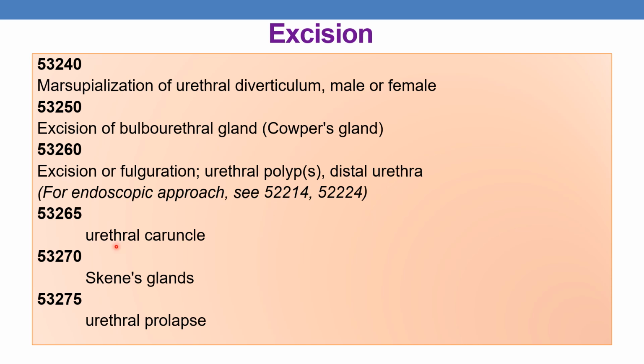If it is urethral caruncle, the CPT is 53265. If it is Skene's glands, the CPT is 53270. If it is urethral prolapse, then the CPT is 53275.